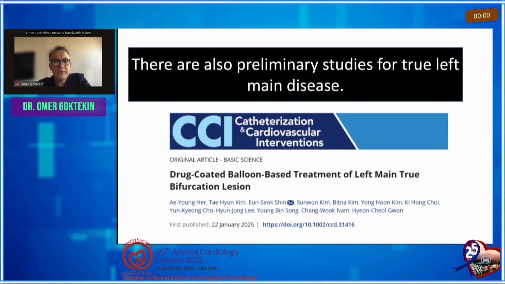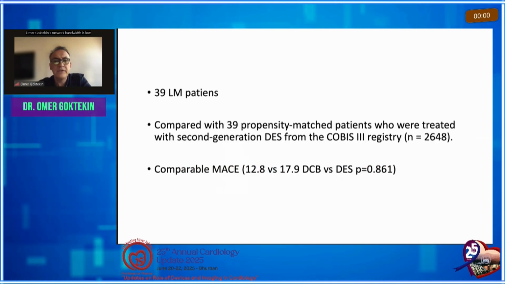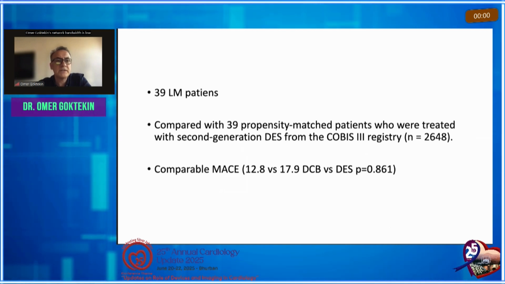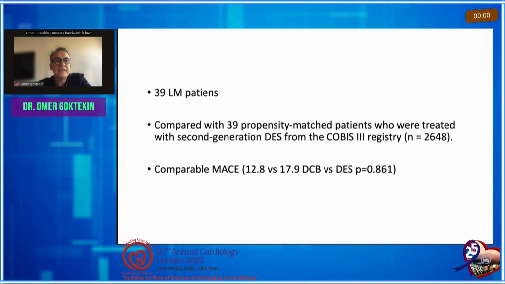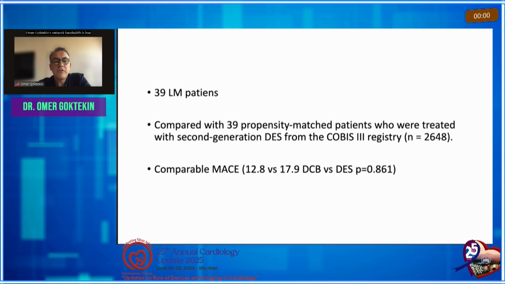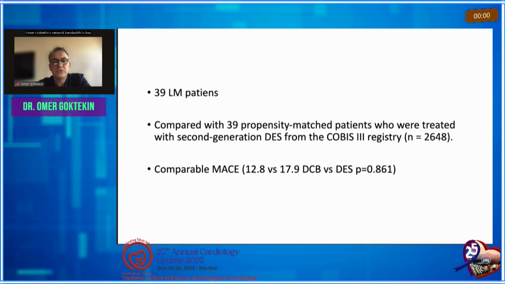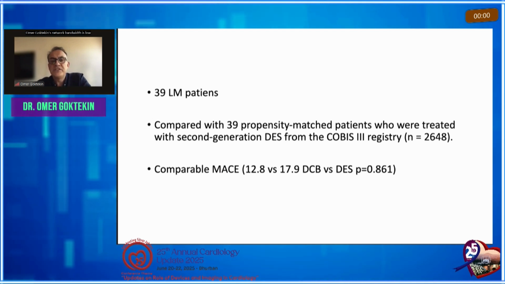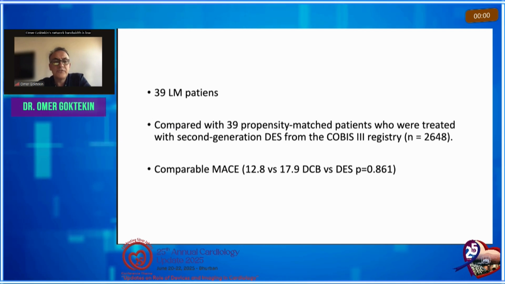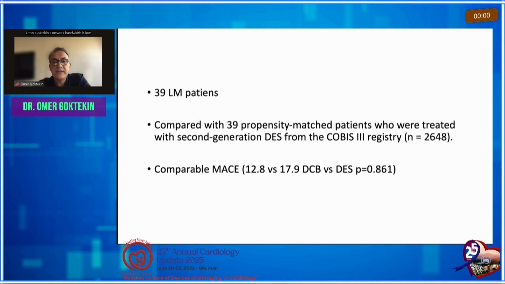There are even some studies now looking at left main. This is a small group, but I think it's important to mention. They did DCB in left main lesions in 39 patients, and compared with 39 propensity-matched patients who were treated with second-generation DS from the COBIS 3 trial, they found no difference in MACE between the DCB group and the DS group.